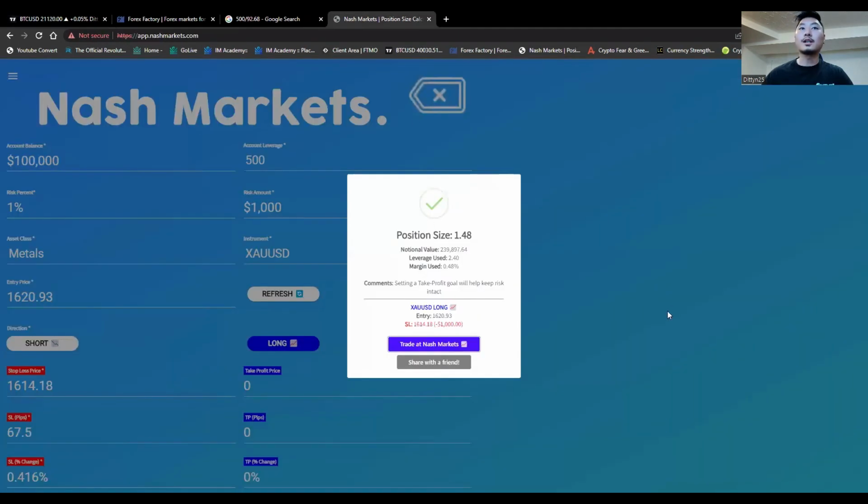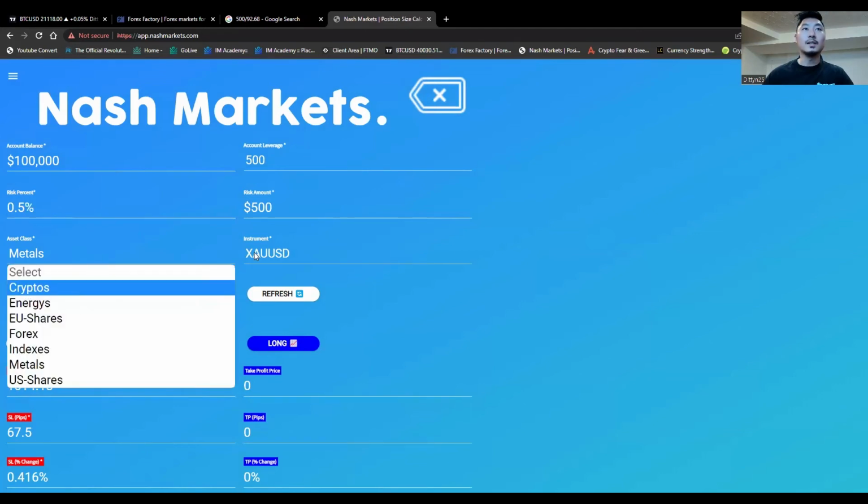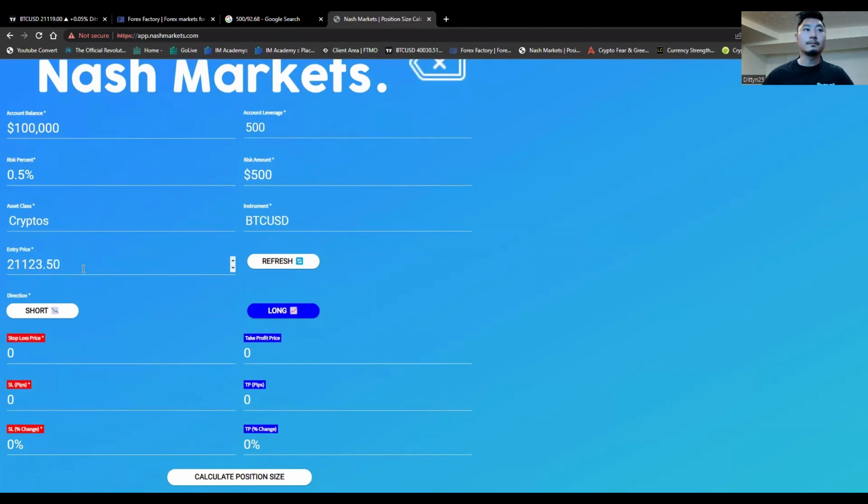So if you go on Nash Market, 0.5%, right? 500, crypto, BTC USD. Don't be fooled with BIT USD. It's BTC USD for Bitcoin, right?